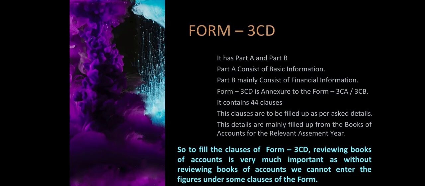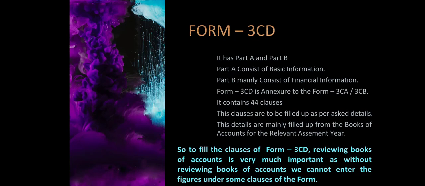Let's take an example. If we take clause number 18, for depreciation, then for the purpose of depreciation we have to enter the figures of financial fixed assets, which we can enter only from the books of accounts.